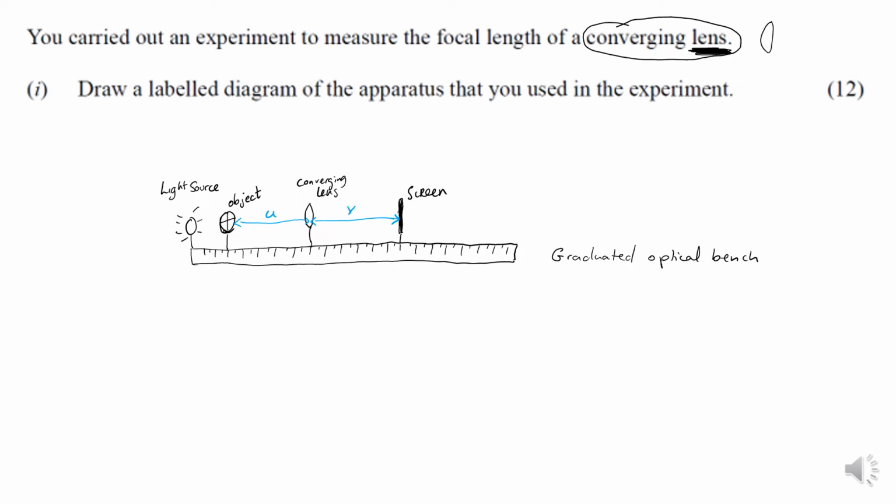So there are 12 marks going for that. It only took a few minutes. So if you're thinking of the correct experiment and how you did it, and you're very familiar with it, you should get full marks. Let's see how that was graded.